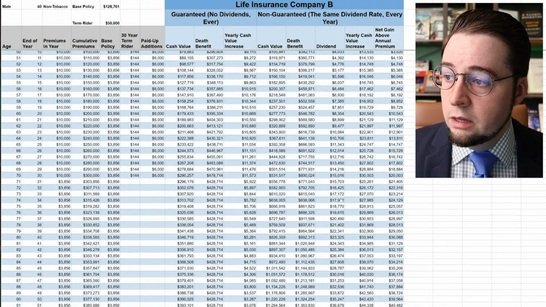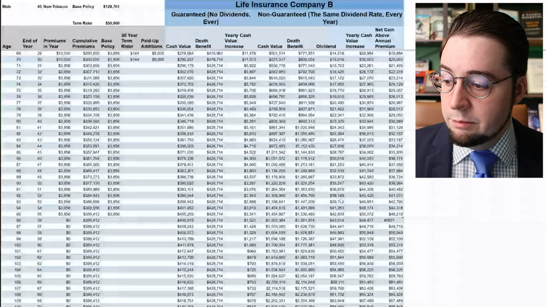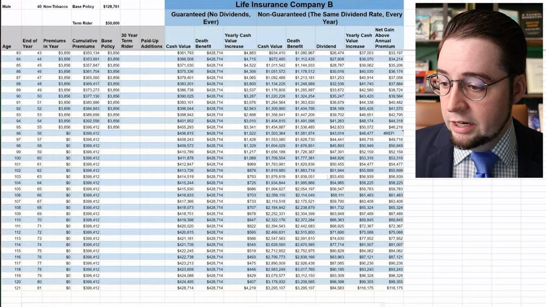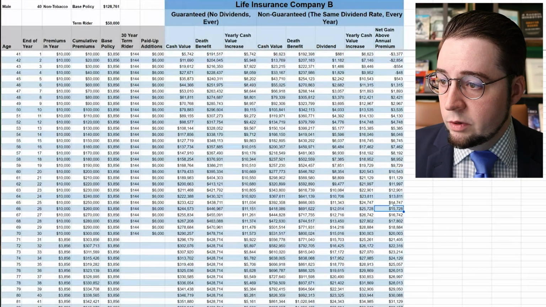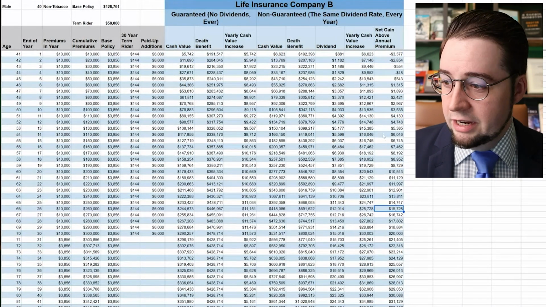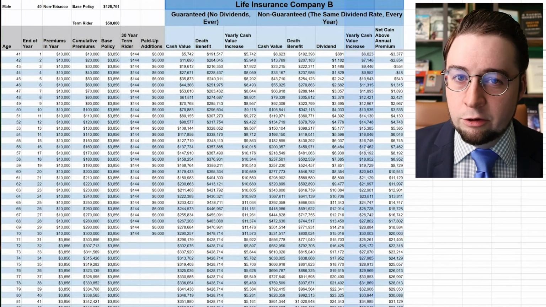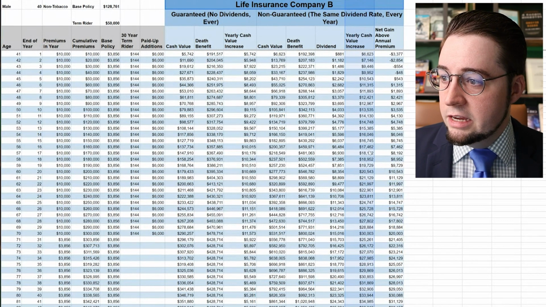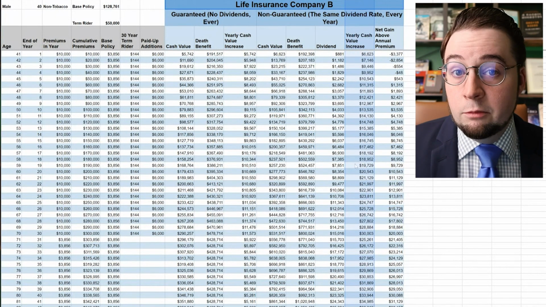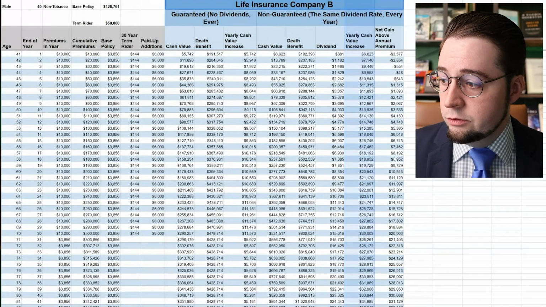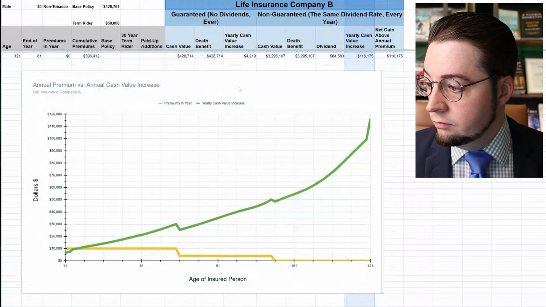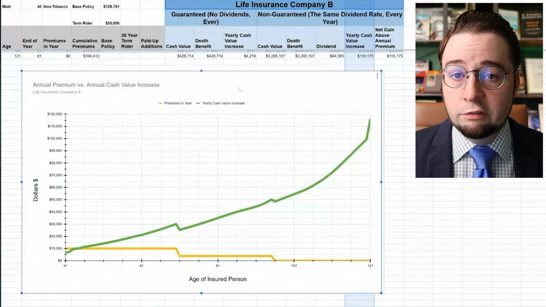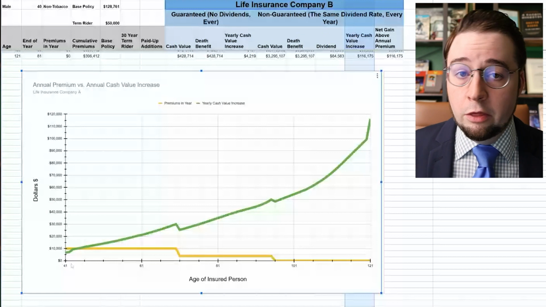Okay, so we look at the dividend. You'll see that it becomes quite large, especially over time. And our net gain above annual premium becomes quite large, especially over time. Just like in the other example, the yearly cash value increase is going to become quite large, especially over time, etc. If we scroll down, you'll see a very similar, very familiar chart to the other chart.